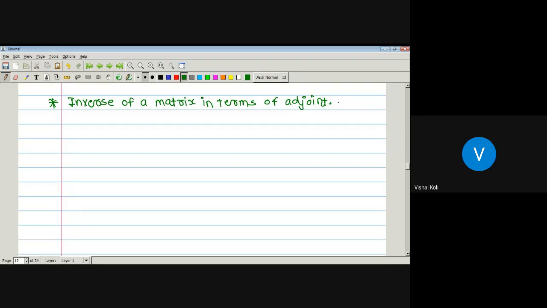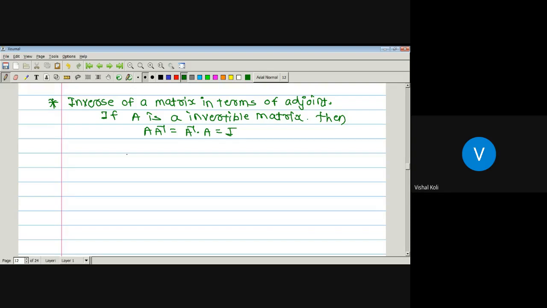Now if A is an invertible matrix, then A into A inverse equal to A inverse A, which is equal to I.